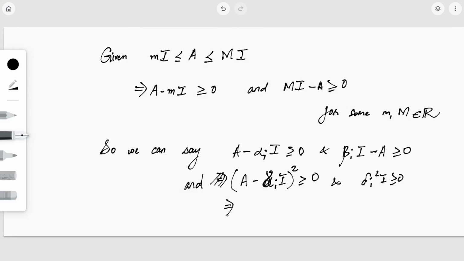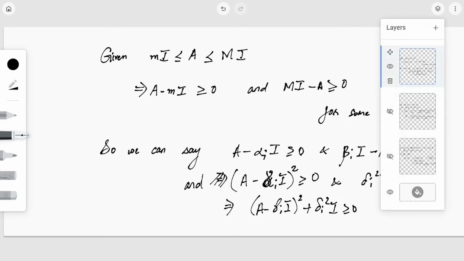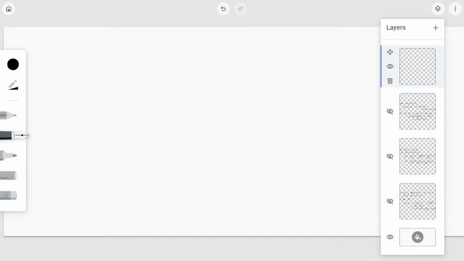So this implies I get a minus gamma I whole square plus delta I square I will also be greater than 0. So actually the terms that we have seen in P of A, everything will be greater than 0, right? All these operators will be greater than 0, and we take their product. I'm not taking everything, I'm just showing you one: A minus alpha I into beta I minus A. What will this be?